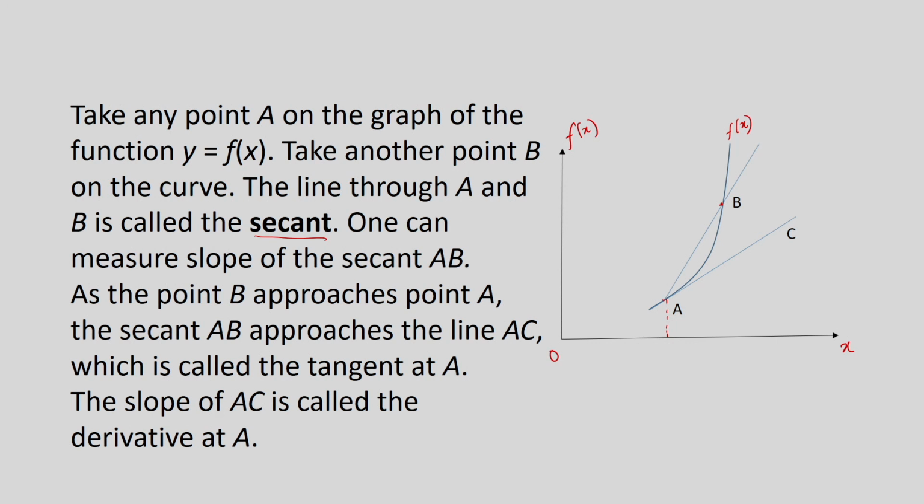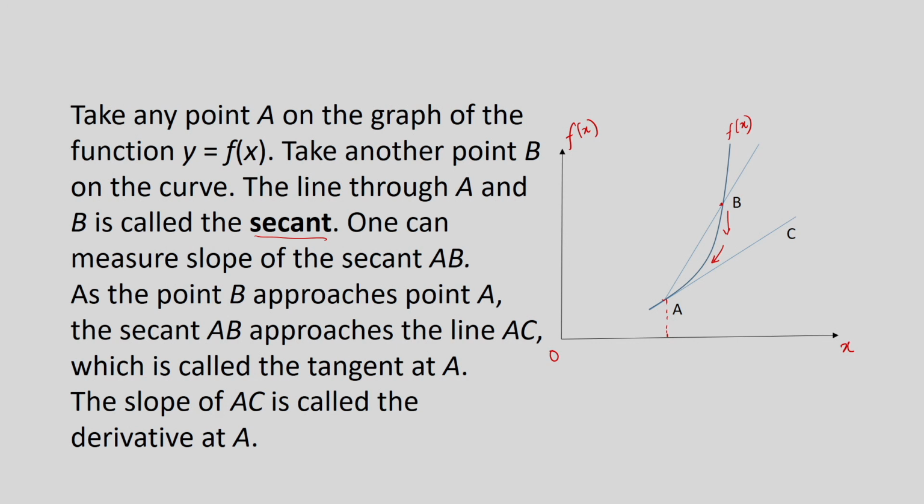Okay. So, here I had taken another point B, which is quite close to A, and I am assuming that point B is approaching point A and it is staying on the graph. Now, as it is approaching point A, then this line, the secant AB, in the limit becomes the line AC, all right.